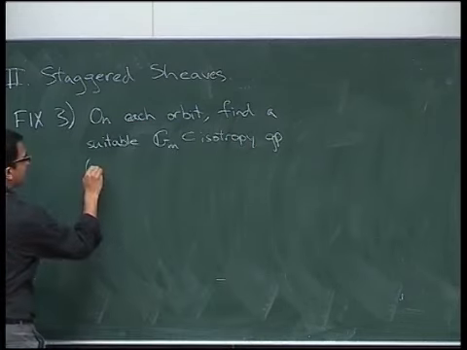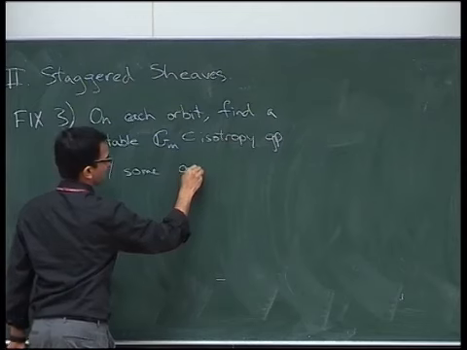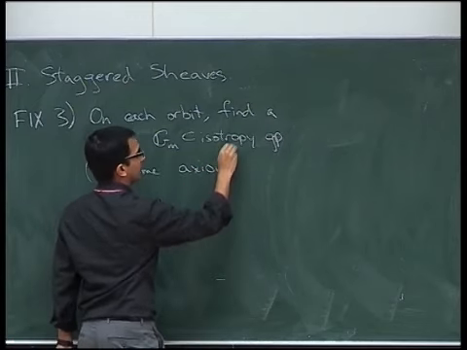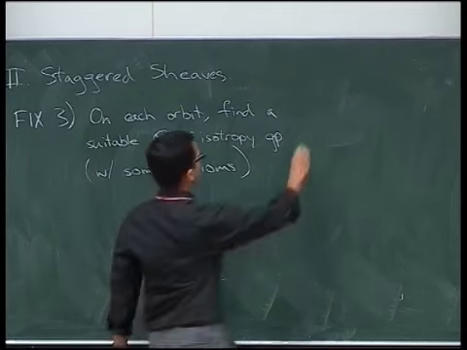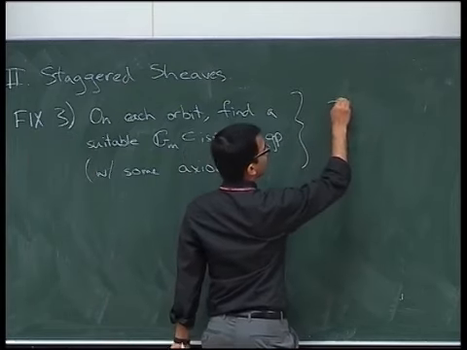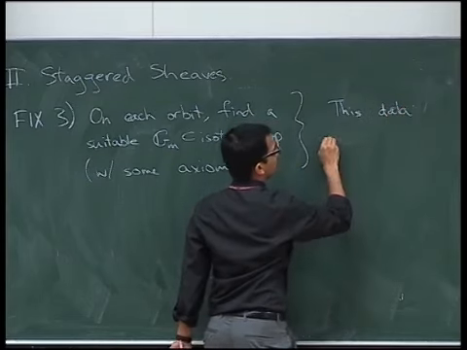And it's going to satisfy some axioms which I won't write down carefully. And this collection of data, this choice of a G_m for each orbit, this collection of data altogether is called an s-structure.